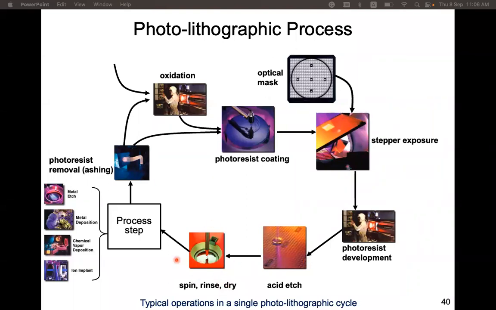Spin, rinse, dry. So now we have created some openings on the wafer. On the opened regions, we can apply process steps, for example, metal etch, metal deposition, chemical vapor deposition to create a gate, or ion implant to create source and drain regions. So for each step, we need to go through this cycle one time.